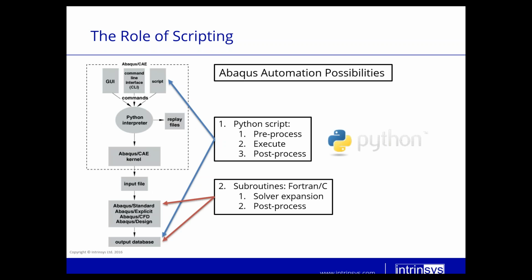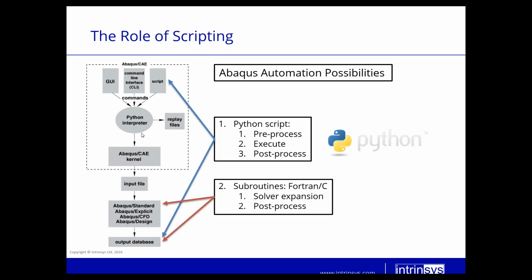So basically, where does this tie in? If we look at the Abaqus structure, what we see most of the time is the GUI. So this is Abaqus CAE. However, when we click our mouse, what we're basically doing is generating lines of Python which will be interpreted and executed by the kernel.